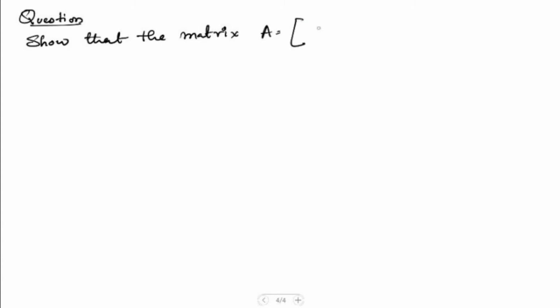Okay, now let's go ahead and solve today's question. Our question for today is: show that the matrix A, which is equal to (3, -1; -8, 5), is diagonalizable.